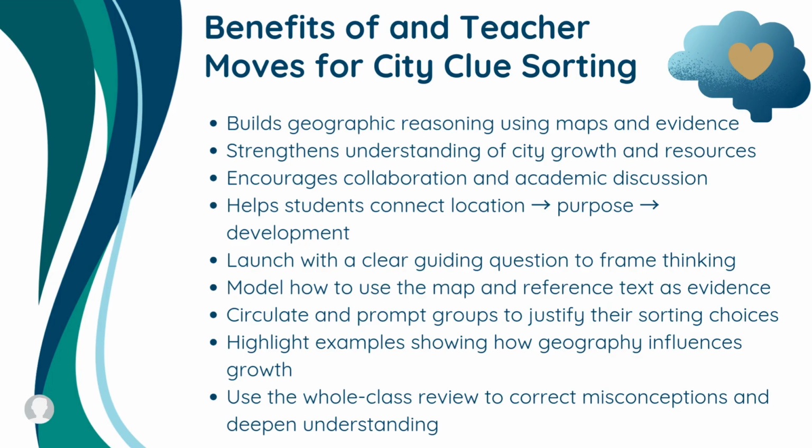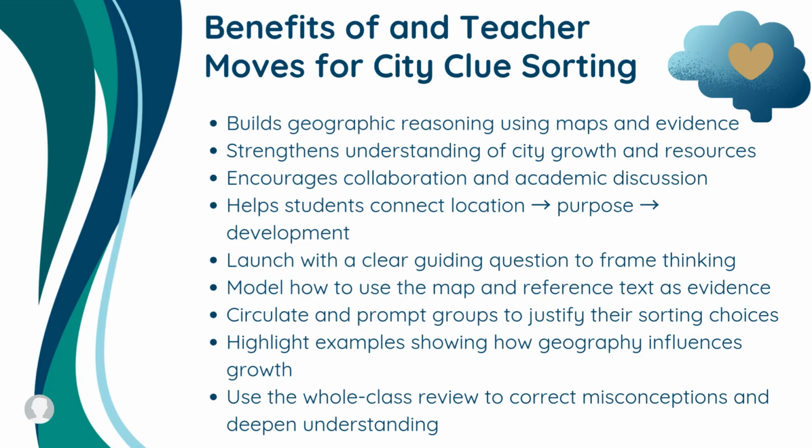As the teacher, a way to make this more successful is by framing the activity with a clear guiding question and setting that purpose for all the work that follows. Also, model and show students how to use the map and reference text as evidence. That's what turns this from a guessing task into a reasoning task.